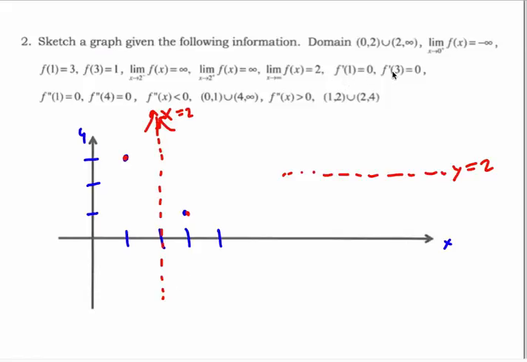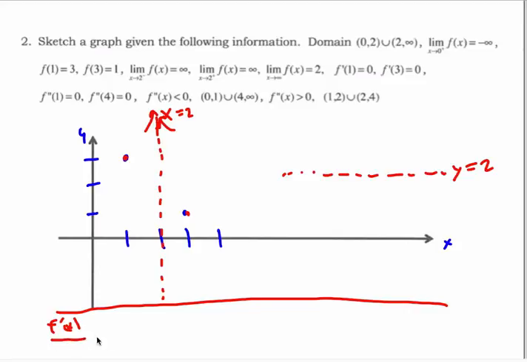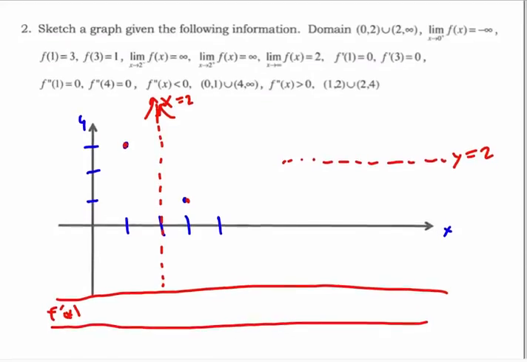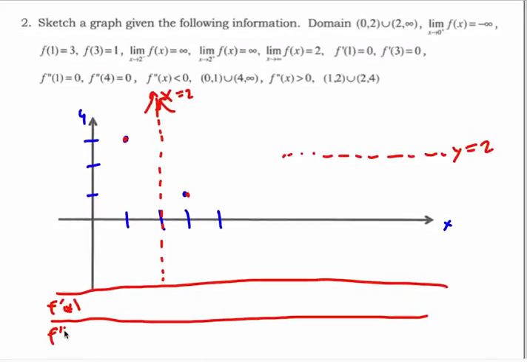So now we're talking about first derivative and second derivative stuff, so I like to just draw on the bottom a row for first derivative and second derivative. Okay, so this is the domain of the entire function, so it's not defined at 2, so obviously there's going to be a vertical asymptote, and we're only looking from here onward, and it goes off to infinity.